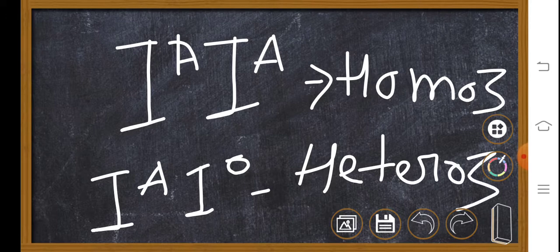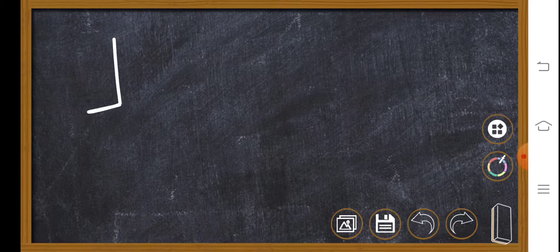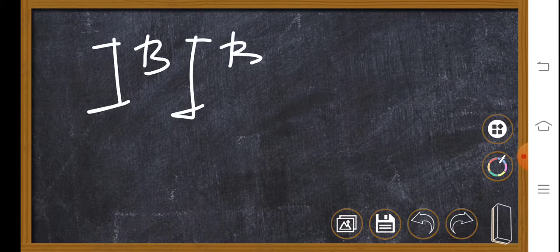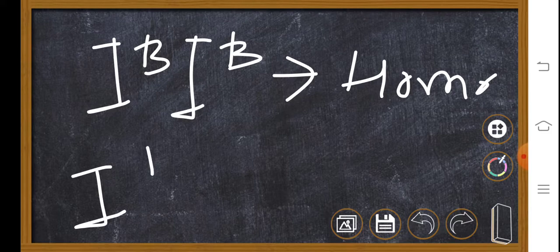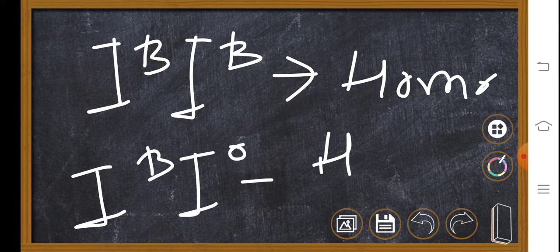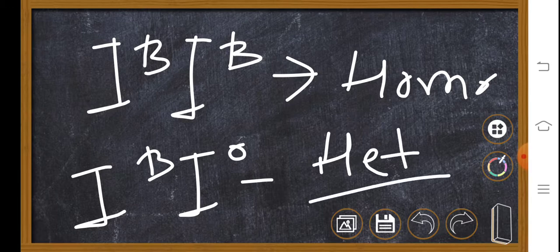Like that, this one will be homozygous and this one will be heterozygous.